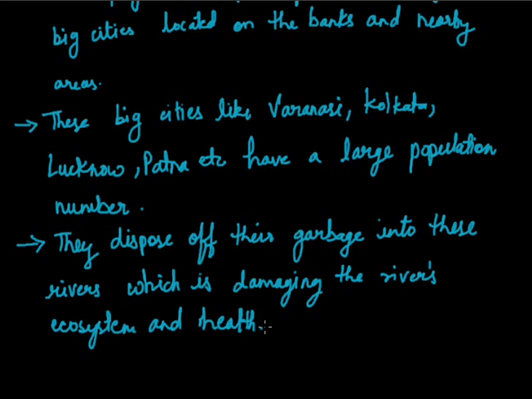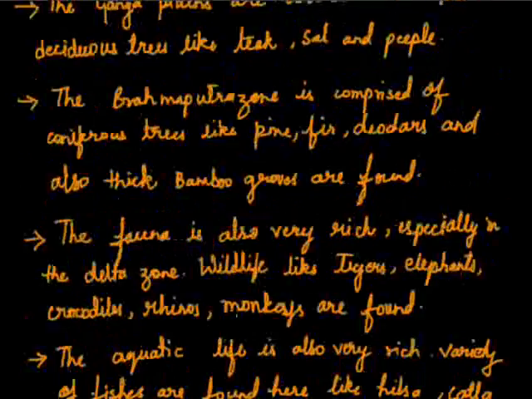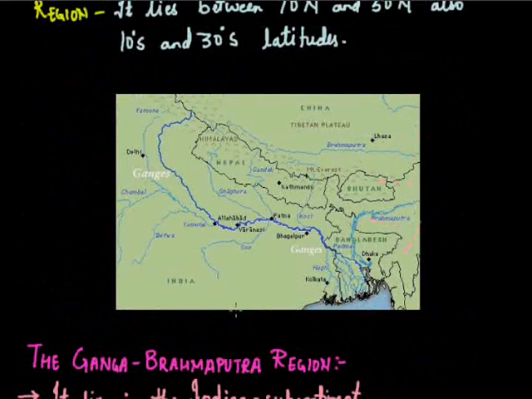So we see that such a rich zone, which provides an intense area of alluvial soil plus a vast variety of flora and fauna, is continuously in danger because of the increasing population and its effect on the zone.